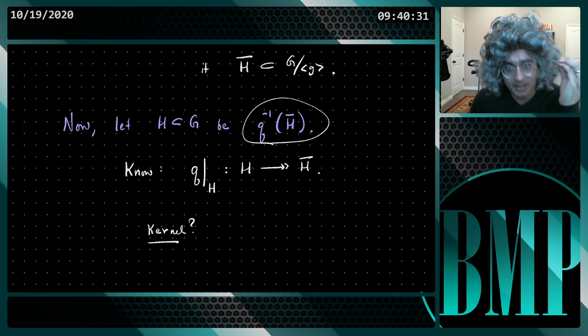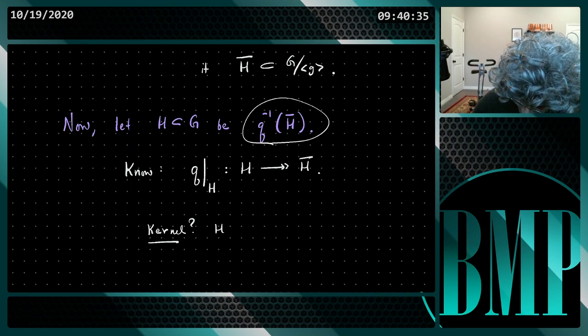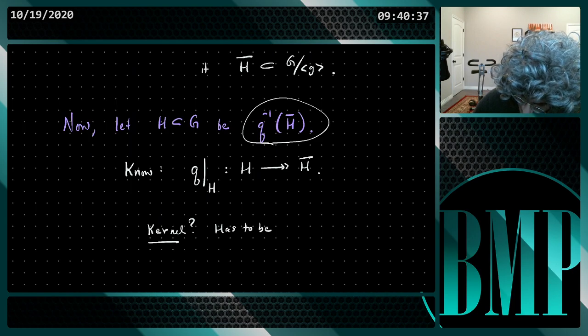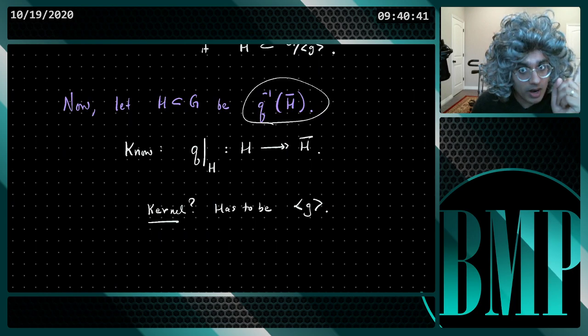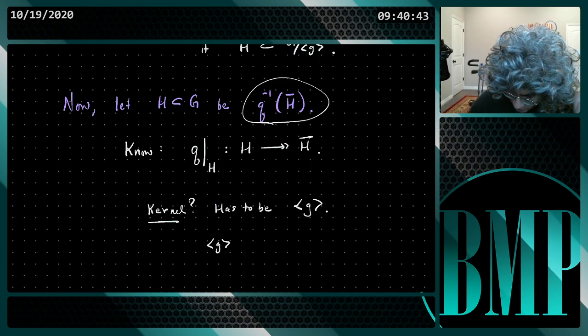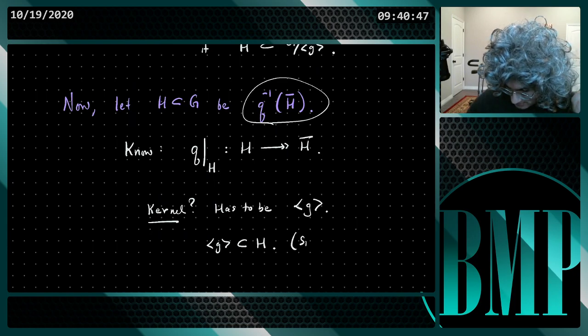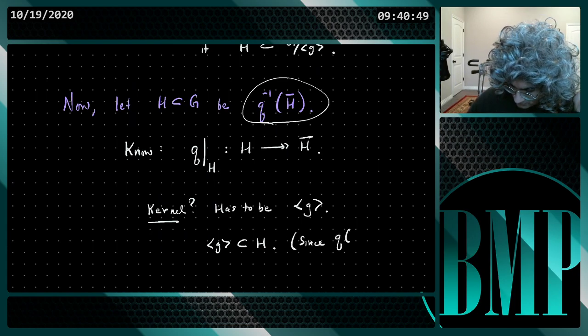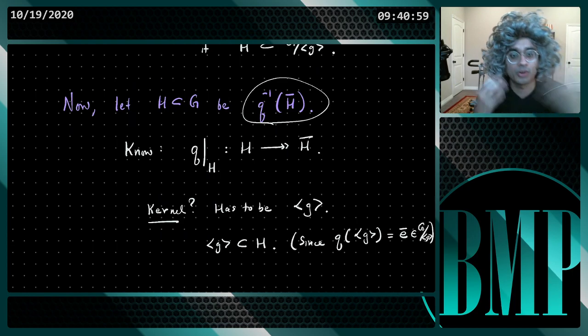Well, the kernel has to be this cyclic subgroup that we started with. Why? Because the cyclic subgroup is definitely contained in H, since Q of this cyclic subgroup is simply the identity element, E bar, in the quotient map.